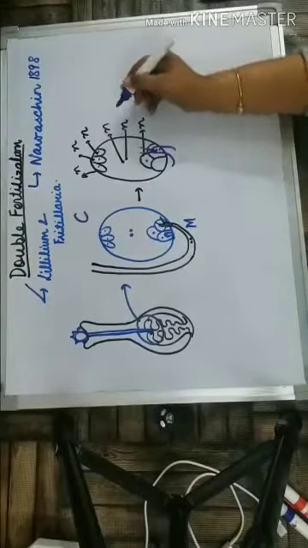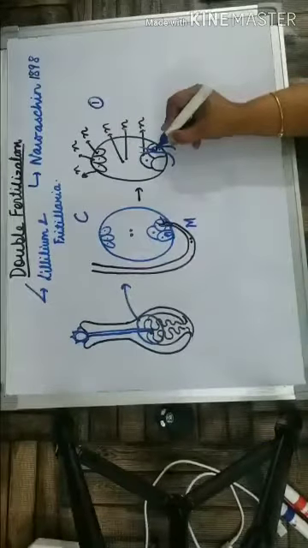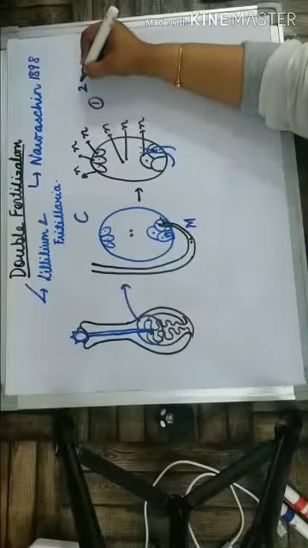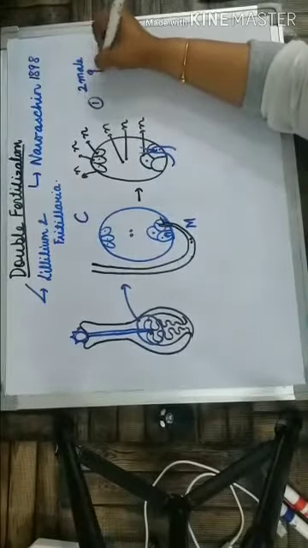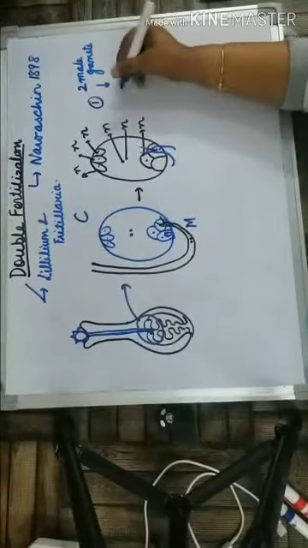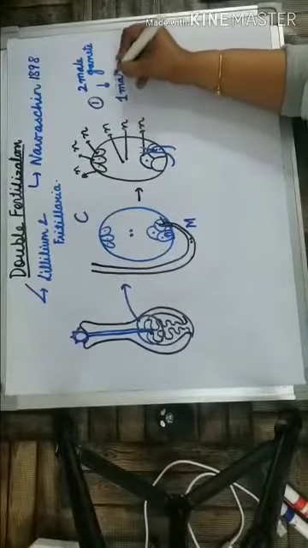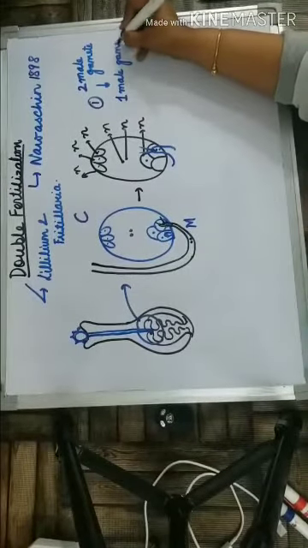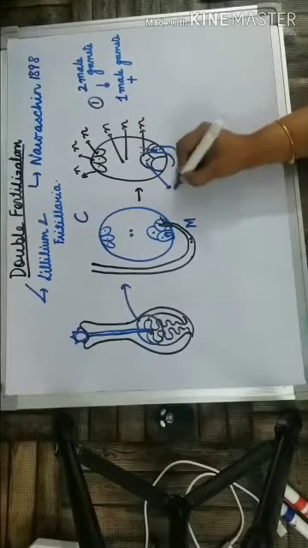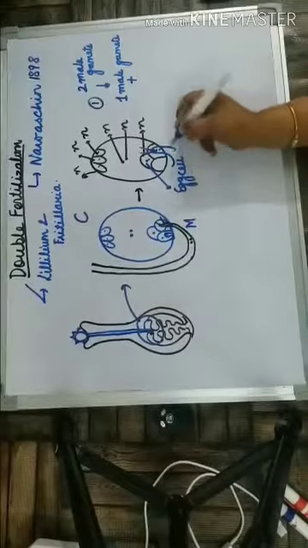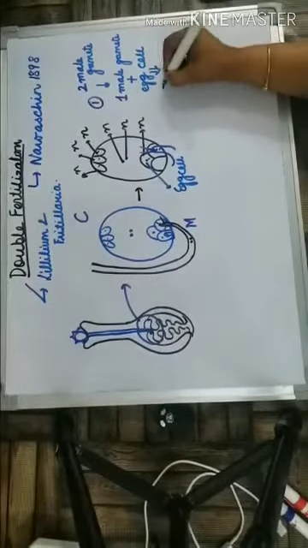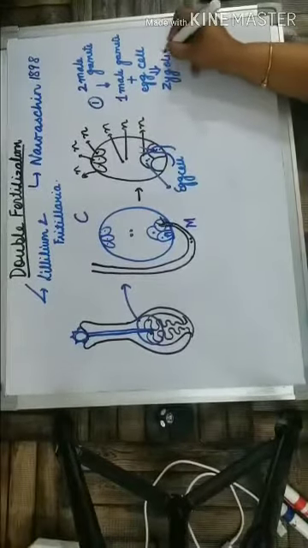Now what happens in the very first step? We have got how many male gametes? 2 male gametes, right? Out of these, 1 male gamete combines with the egg cell to form the zygote.